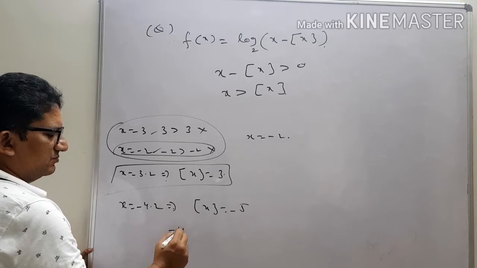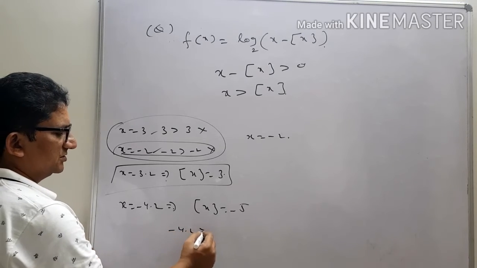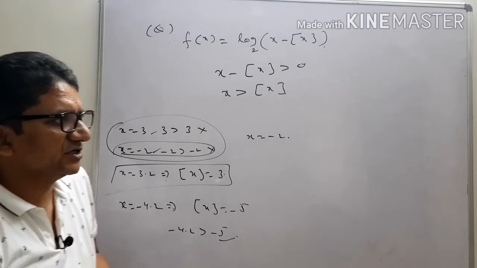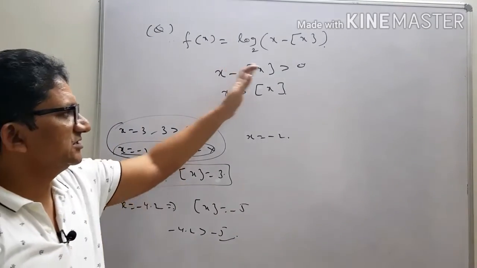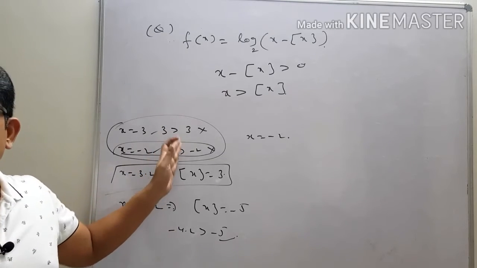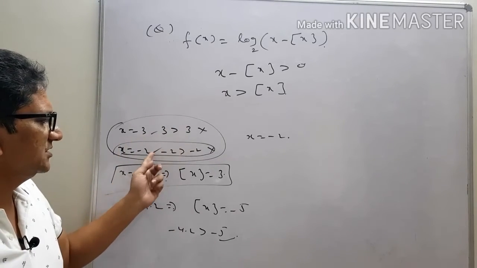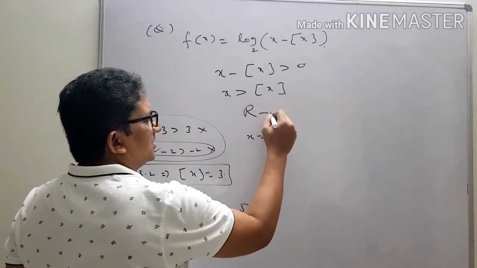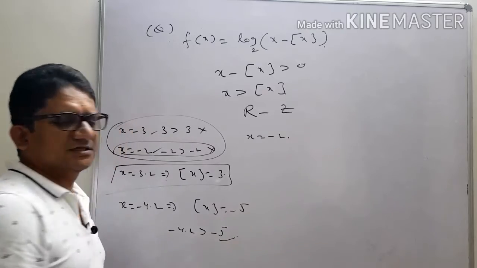So now see, minus 4.2 is greater than minus 5. This is also true. That means this notation is true for all the real numbers except integers. Whether it may be positive integer or negative integer, no effect. That's why domain is all the real numbers minus integers.